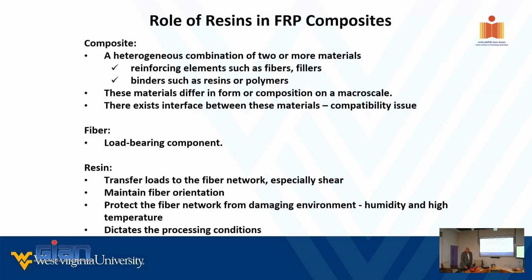If I don't have the proper viscosity of the resin system, I will not be able to pull through my die. This is an example; there are many other reasons. That's what we mean by dictating the processing conditions. In this whole equation, we obviously are going to get, no matter what, a certain amount of voids.